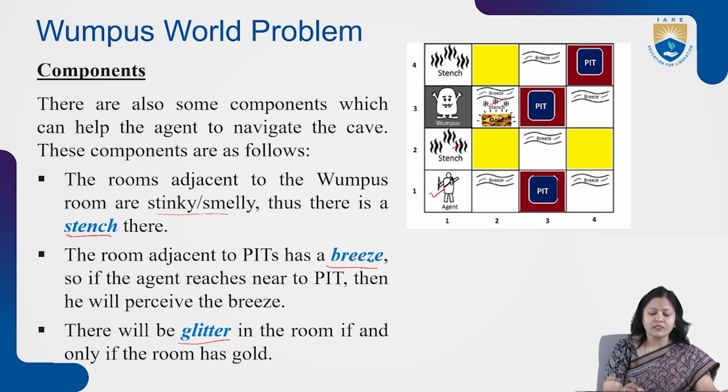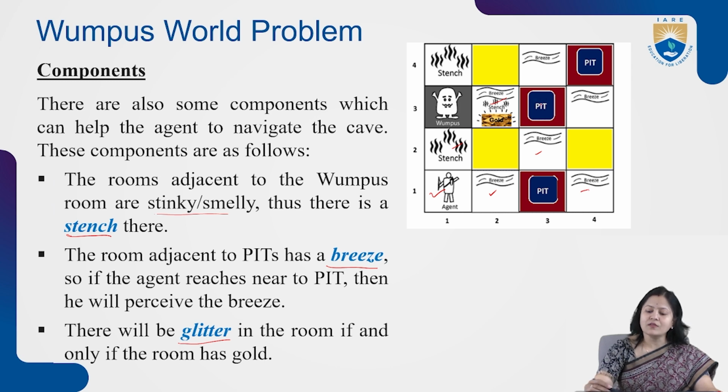The second component is breeze. Breeze means a mild wind. As per the problem statement, the rooms adjacent to the pits have a breeze. So if the agent reaches near a pit, then he will perceive the breeze. That means 3 pits are there, in this location and in this location. Adjacent to this location means this one and this one. If the agent comes to this location or this location or this location, the agent may perceive breeze.